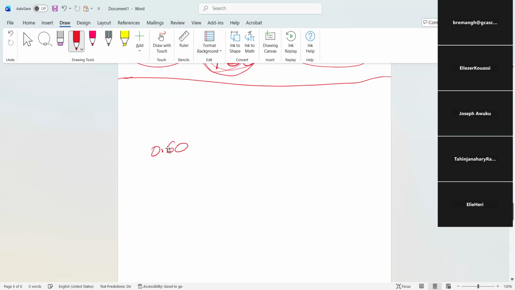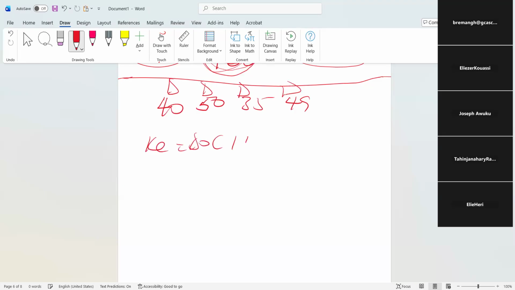Another question. If in the question they give us, let's say, 2016, the dividend is 5; 2015, the dividend is 3; 2014, the dividend is 2, and in the question they gave us the values of the dividend, are we going to use KE equals D0 (1 plus g) all over P0 plus g? Yes, that's what you use. When the examiner is listing dividends, like 40, maybe 50, 35, maybe 49, then that means that when you see dividends, you need to use that KE formula, D0 (1 plus g) over P0 plus g.